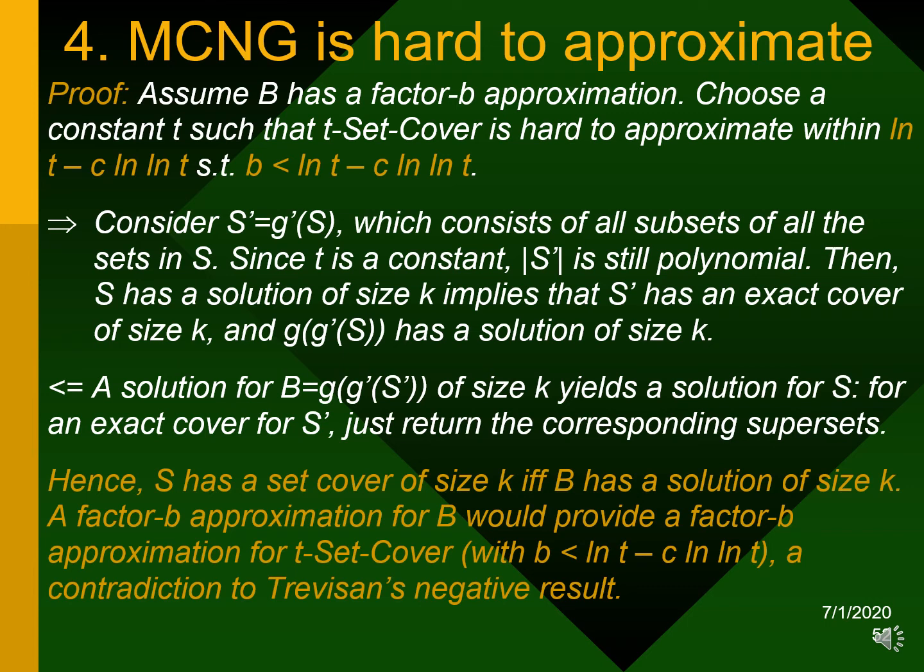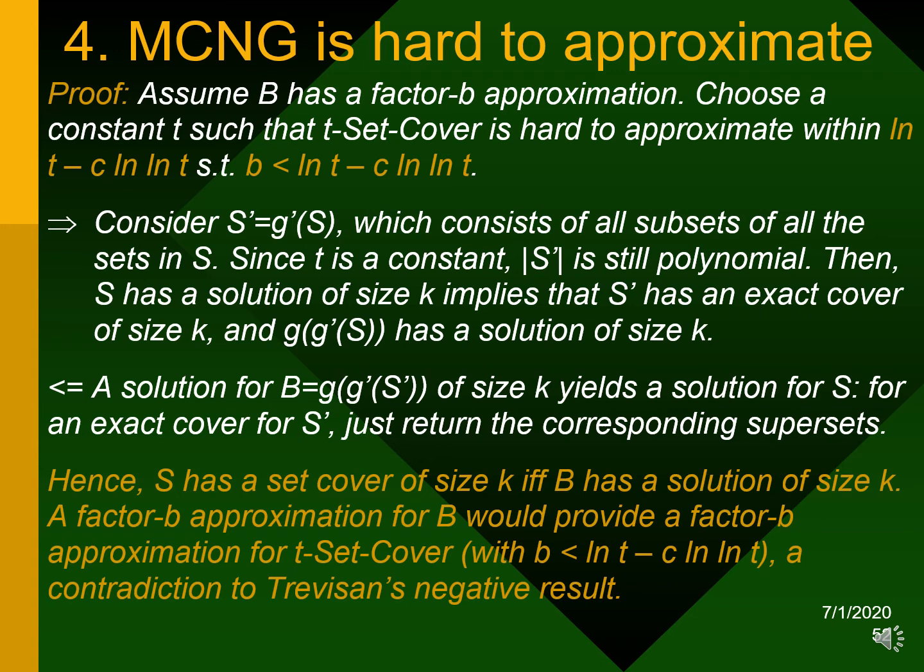In the transformed, larger instance, if originally you have a solution of size K for T-set cover, you must have a size K exact cover. I will not go over those details.